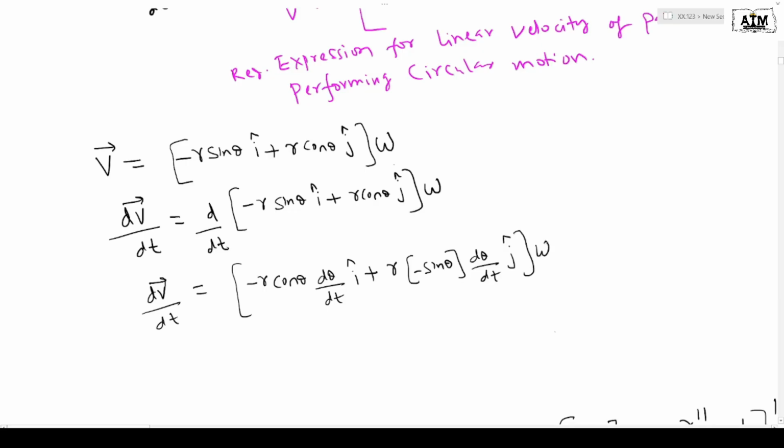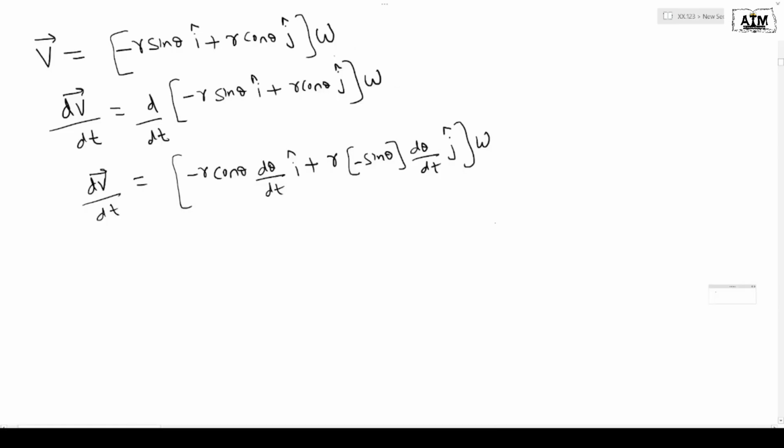multiplied by omega. Again here is d theta by dt, here also d theta by dt. d theta by dt can be replaced by omega, that is the angular velocity.